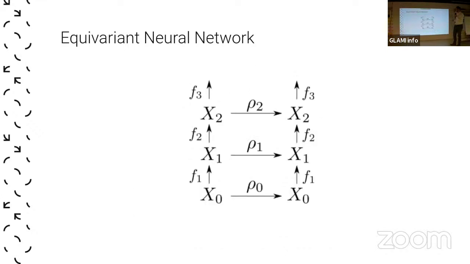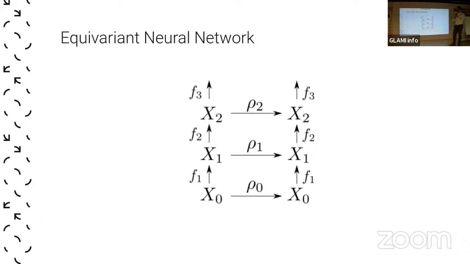So in here, from bottom to top, we have the inputs, and the inputs can be anything, right? It can be any tensor that we can think of. And on this input space, on this feature space, we have some symmetry, which is expressed as a group. And rho is a representation of this group on this particular feature space.